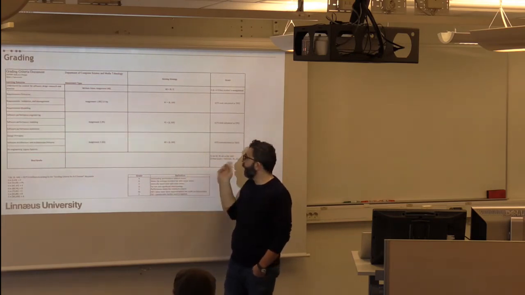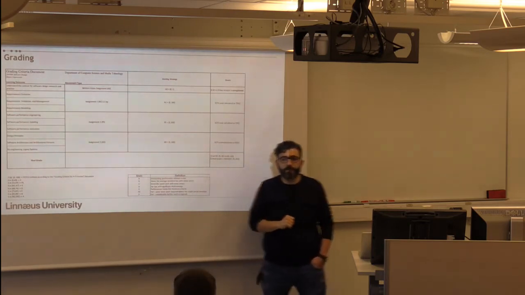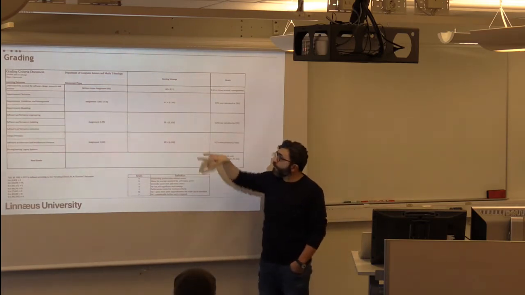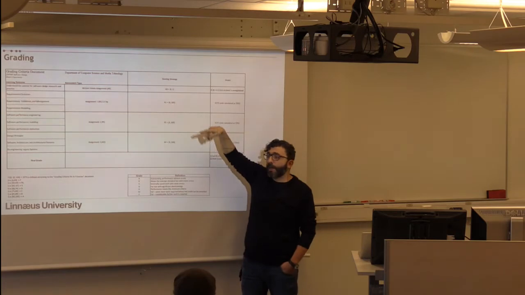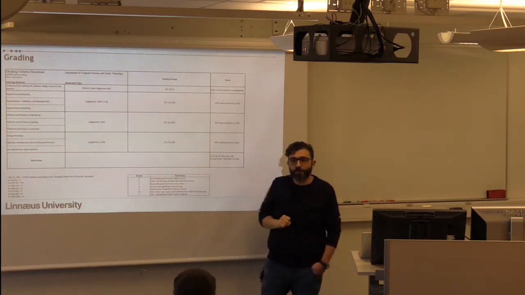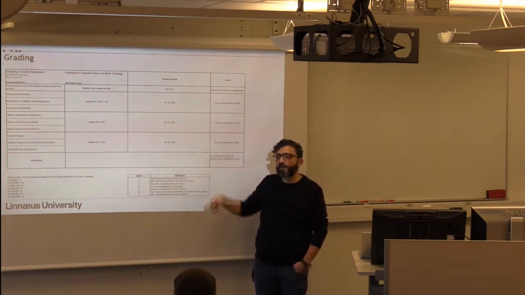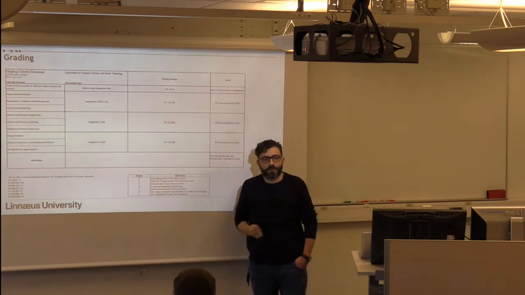And then we apply the mapping function to the final value, okay? So this means that you have to get at least an E in all of them in order to pass the course, okay? If you don't get E in all of them, then you have to retake the assignment that you fail.